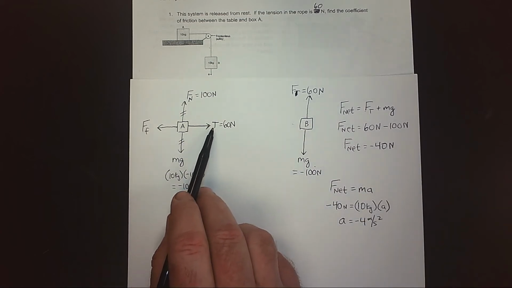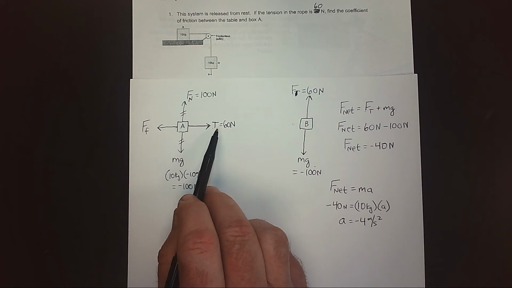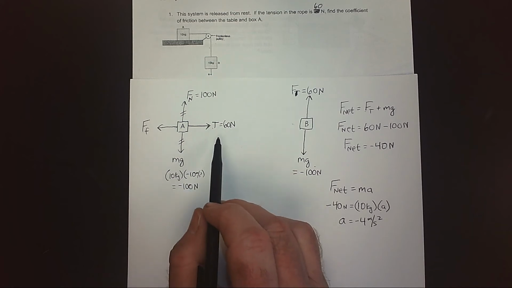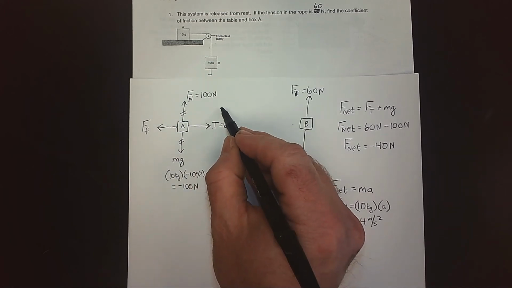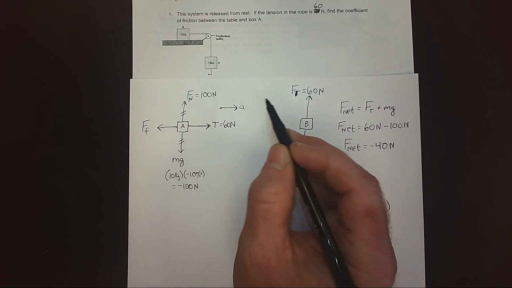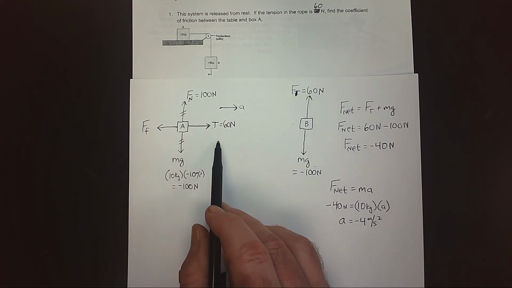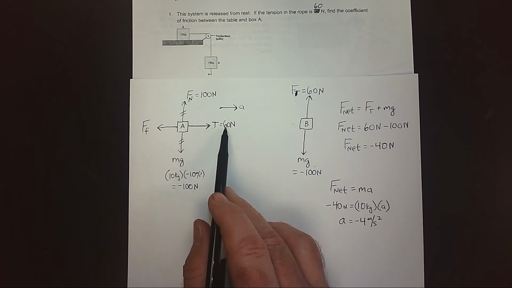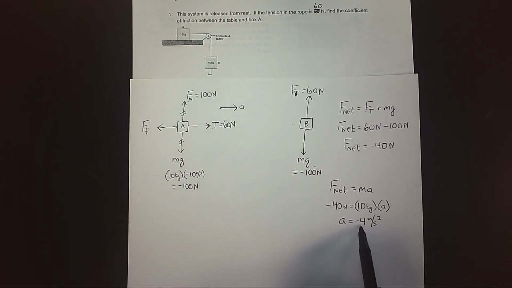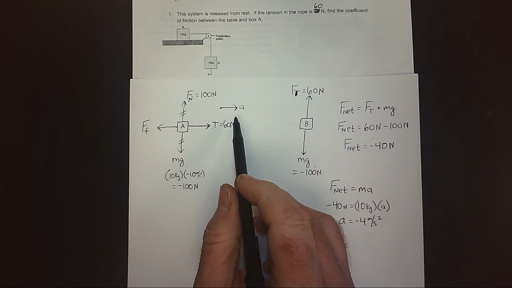Since over here we've called to the right for box A the positive direction, that means that my acceleration is going to have to be positive as well. So just because we got a negative acceleration over there, that just showed direction. We got the negative because the downward direction was what we were calling negative. Over here, the positive direction is to the right, so when you use this 4 meters per second squared for box A, make sure you make it positive.